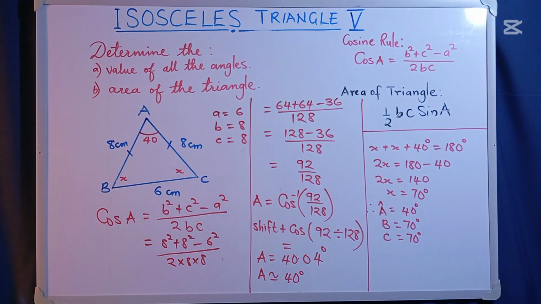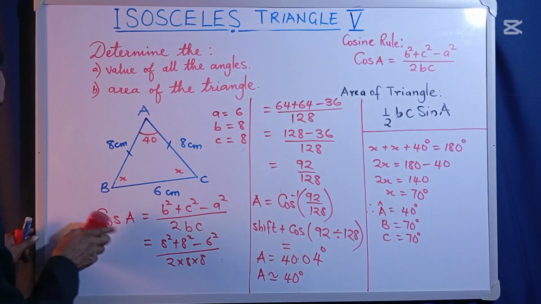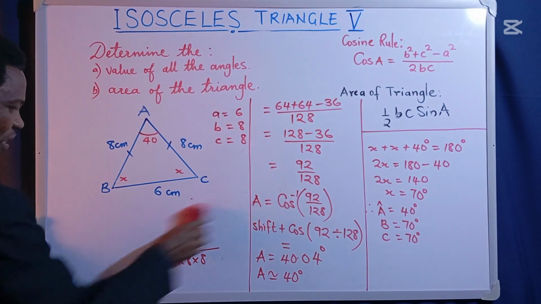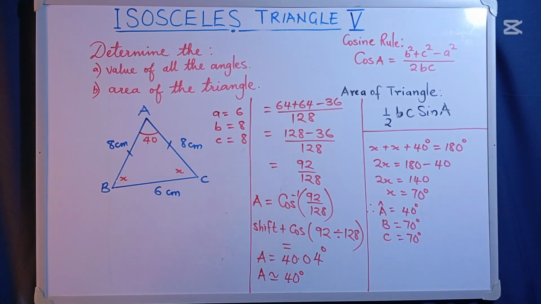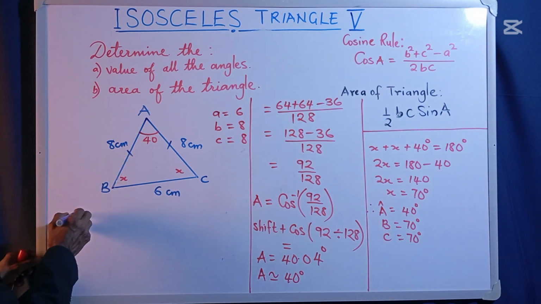The next thing we are going to do is to get the area of the triangle. So let me remove this part from the board so that we can calculate the area of the triangle. Let me use the blue ink.